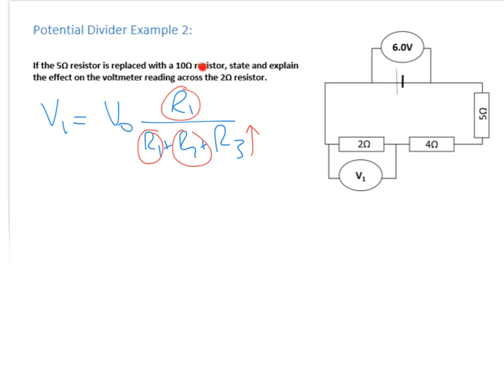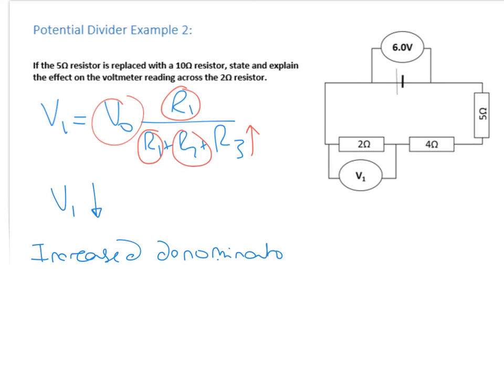So this overall term here is going to become smaller, and because V0 is exactly the same as well, that means that V1 is going to decrease, and the reason why is we've increased the denominator, or the fancy word for the bottom line of a fraction, but all others are fixed.